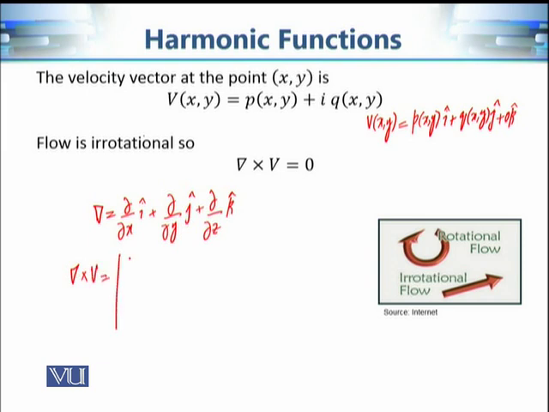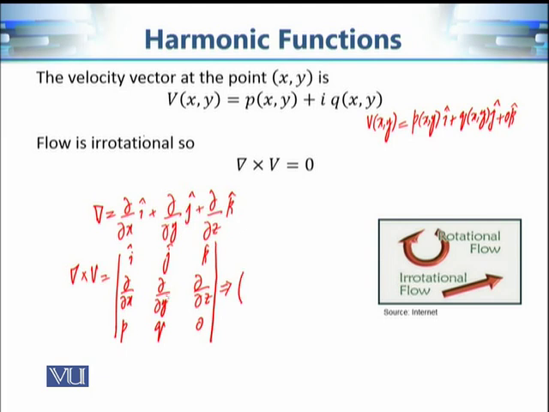So this is equal to the determinant with i, j, k, partial by partial x, partial by partial y, partial by partial z, and p, q, and 0. This gives the following expression.